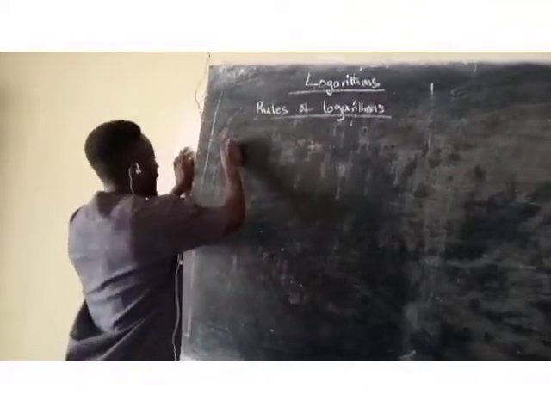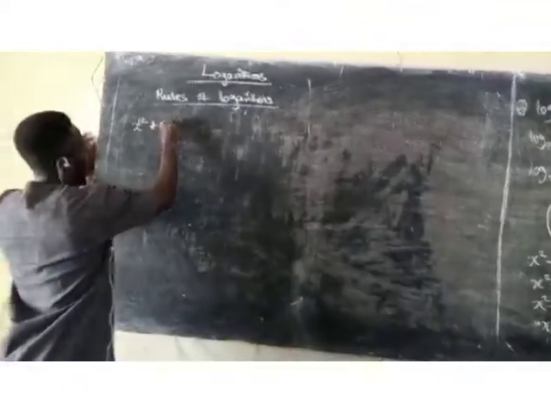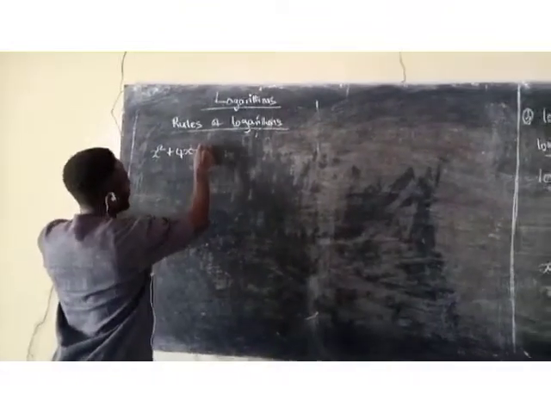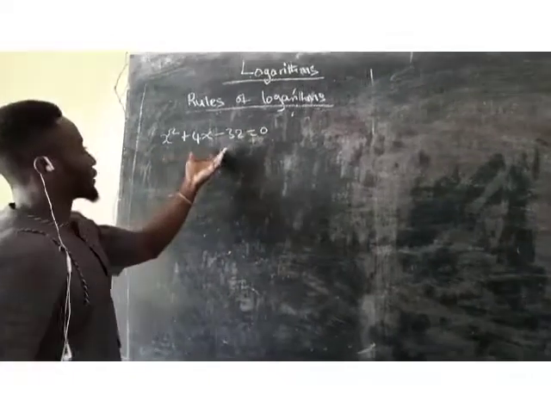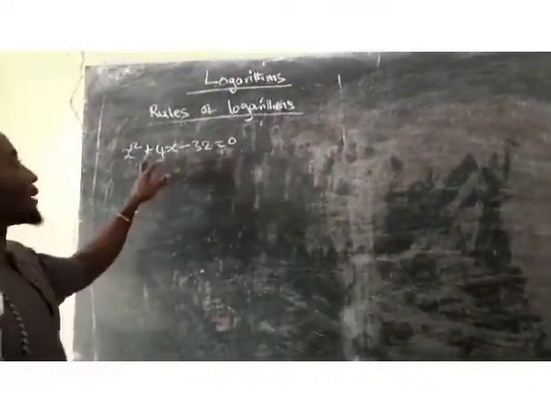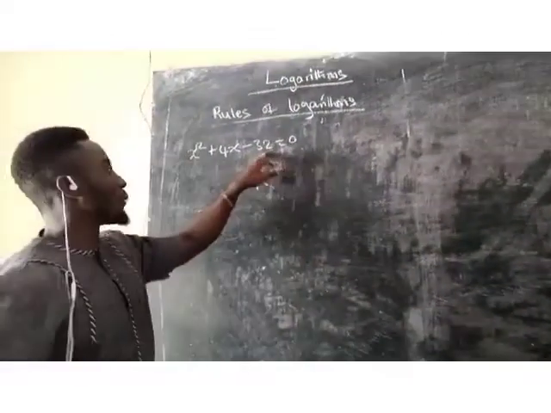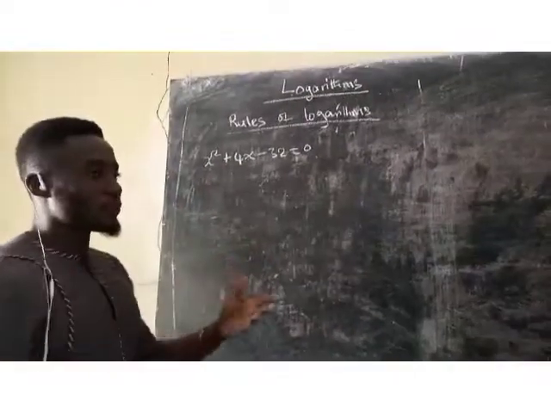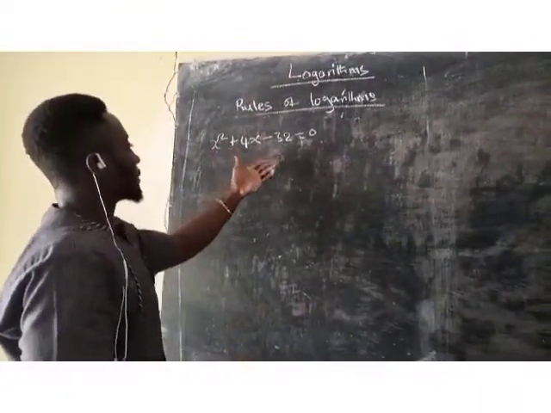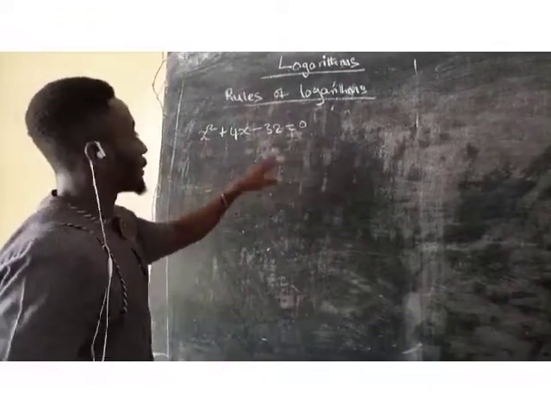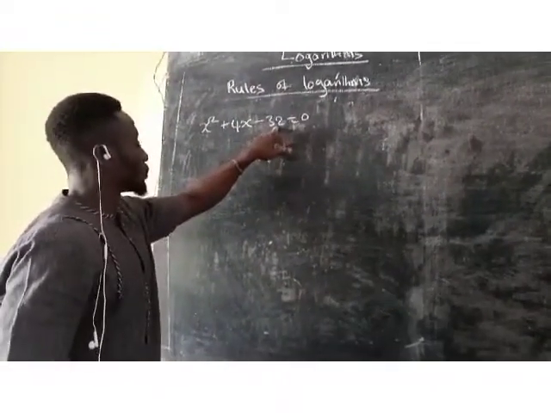Here we see we have x squared plus 4x minus 32 is equal to 0. Since we have this as a quadratic equation, we look at the values that when you multiply will give you this, and when you add will give you this. So for that we have, let's say, 8 times 4. 8 times 4 will give you 32.